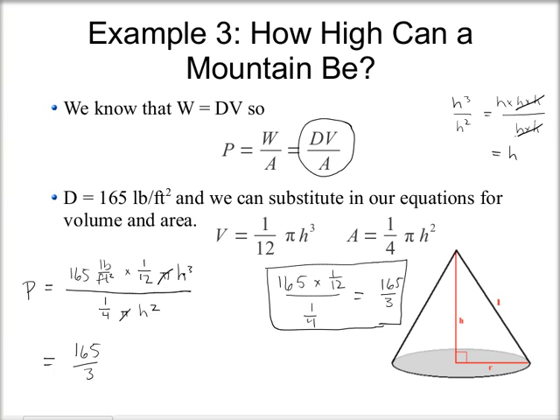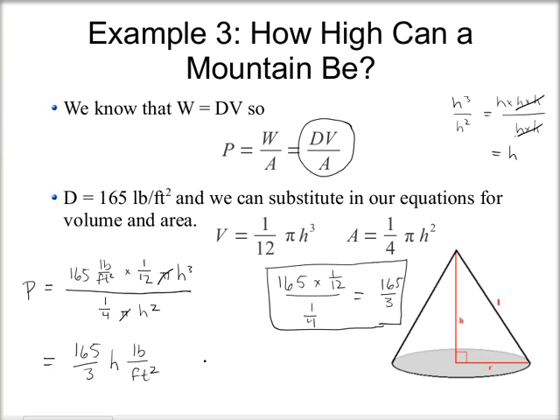And then I've got h cubed divided by h squared, which is h. And I've also got these units, pounds per foot squared, so that's my simplified formula for the pressure on the base of this mountain.